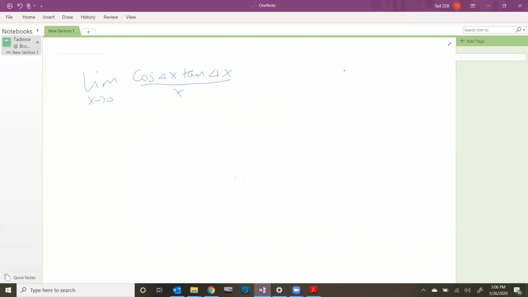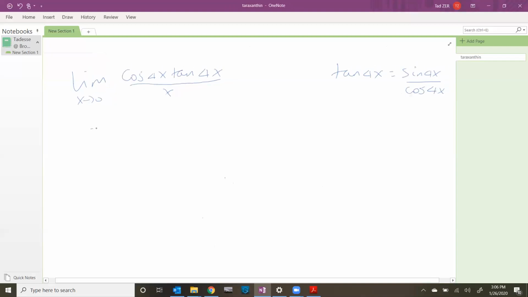As you all know, tan 4x is the same as sine 4x divided by cos 4x. So this becomes the limit of cos 4x times sine 4x divided by cos 4x, everything divided by x, as x goes to 0.